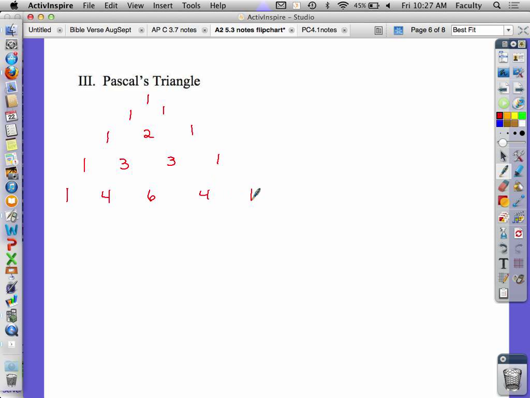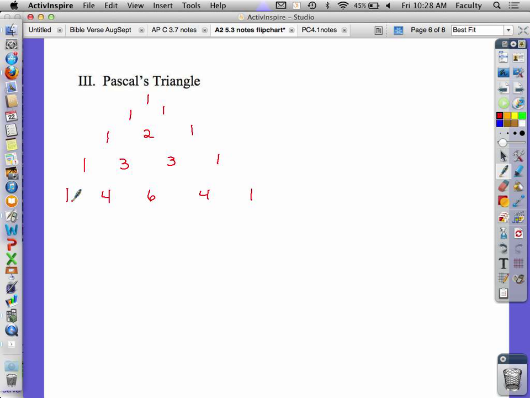All right, so here's the pattern. You start with 1, and until you get the first 2 rows, you start with a 1, and then you add the 2 previous numbers, and then you end in a 1. So you begin with a 1, then 1 plus 2 is 3, 2 plus 1 is 3, and you end in a 1.